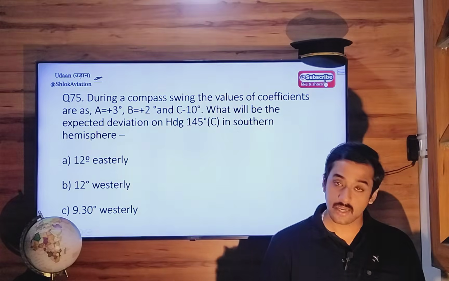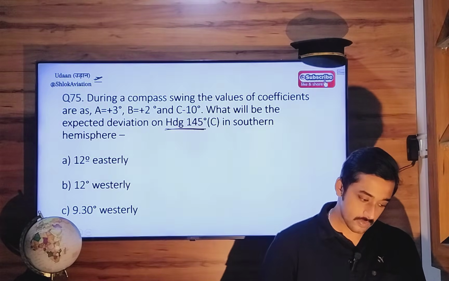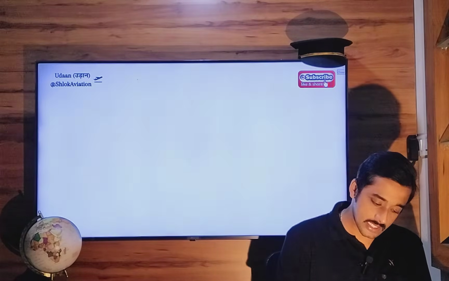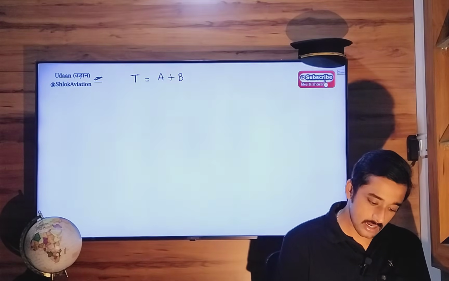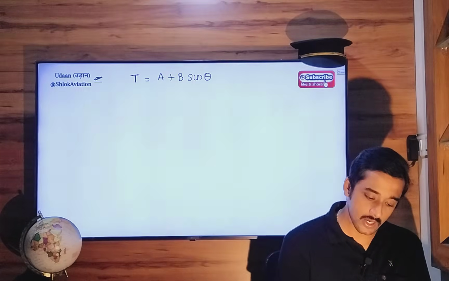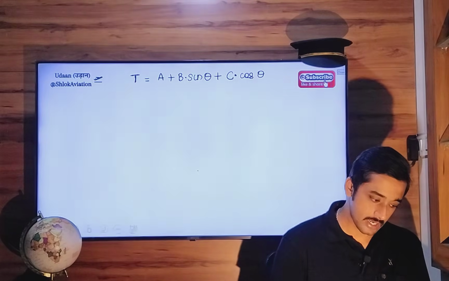What will be the expected deviation on a heading of 145 in the southern hemisphere? So we are going to use the formula given in the magnetism chapter: deviation equals A plus B sine theta plus C cos theta, where theta is your heading.